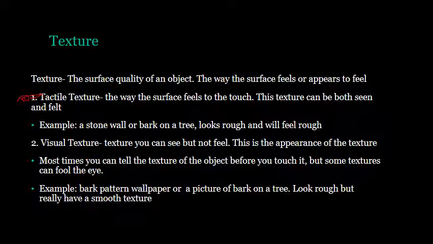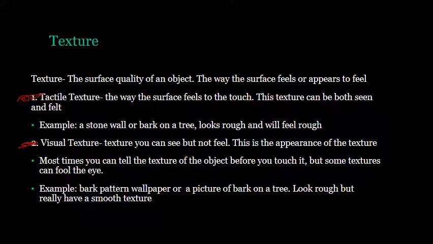That's tactile texture. Our second type of texture is visual texture. That's texture you can see, but you can't always feel it. This is more the appearance of the texture. Most of the time you can tell what a texture is going to look like before you touch it, but sometimes texture will fool your eye, and that's usually an example of visual texture. For example, if we had a bark pattern wallpaper or a picture of bark on a tree, it might look rough, but it's really going to have a smooth texture.